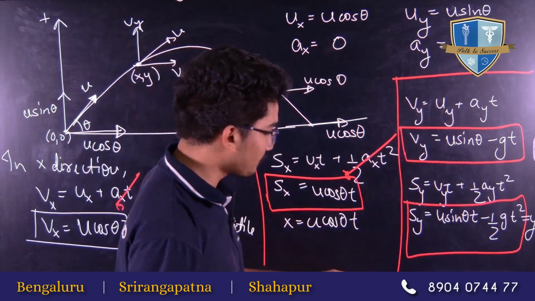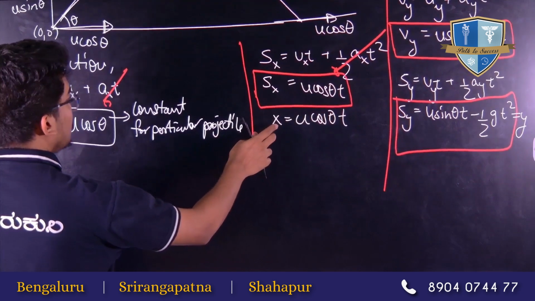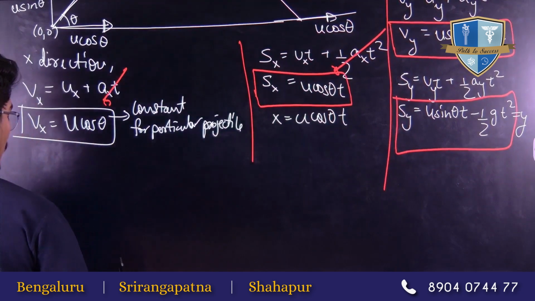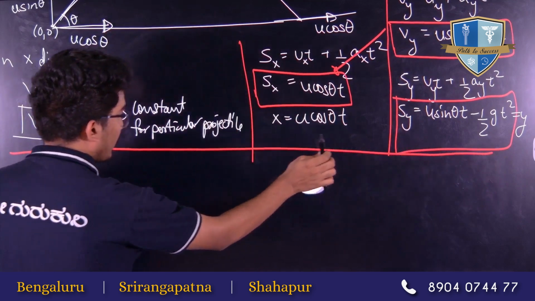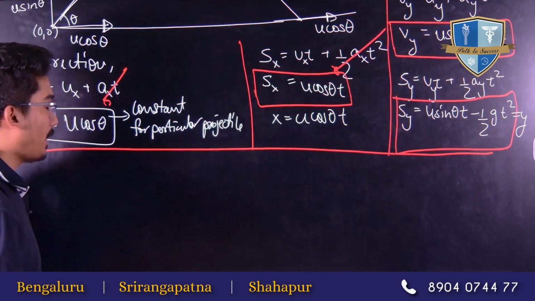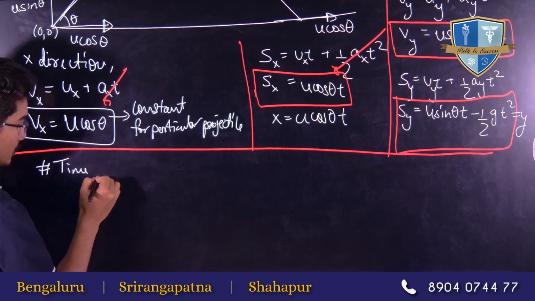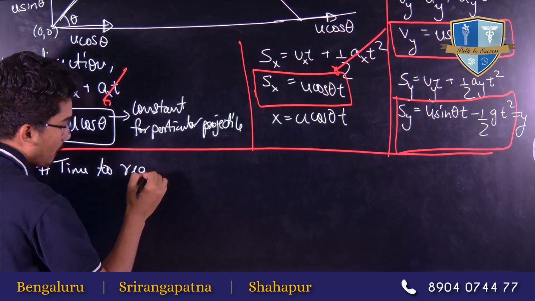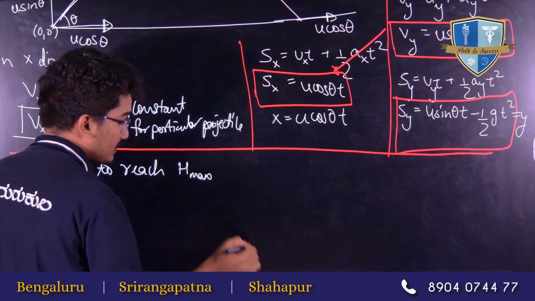Now we have some important results from this. Let's see all those results. Now we study the time period of projectile and the time to reach maximum height, H max. What is H max?